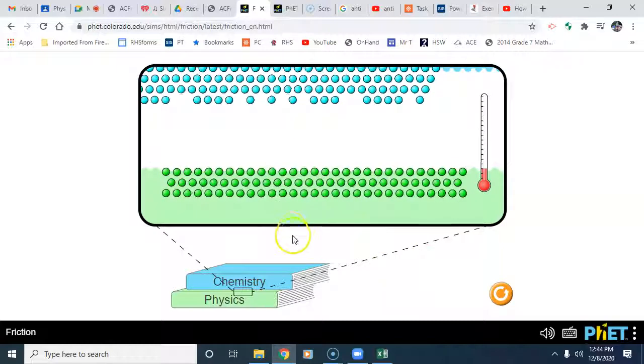Before I say anything more about that, we should say that even surfaces that feel pretty smooth to us, like the cover of your textbook or the surface of a desk, feel pretty smooth, right? But microscopically, there's a lot of little bumps that make up that surface, even if it feels smooth to the touch.